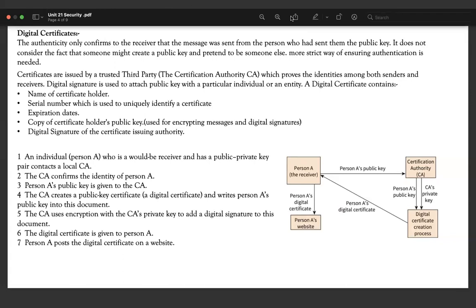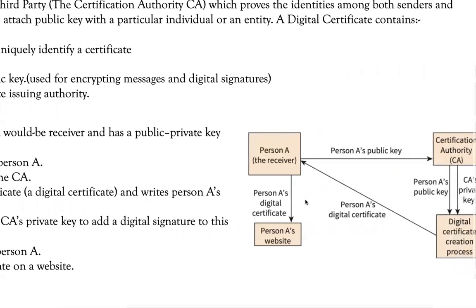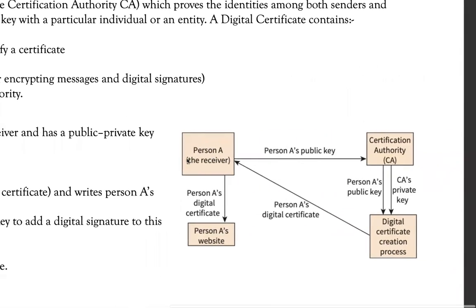By the way, this method is needed whenever we want to create a digital certificate. As seen in this diagram, person A, who has a public private key pair, sends his public key to the certification authority.